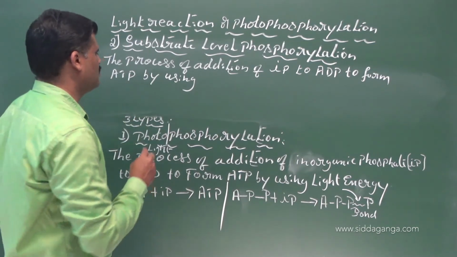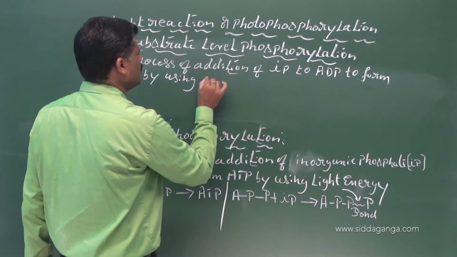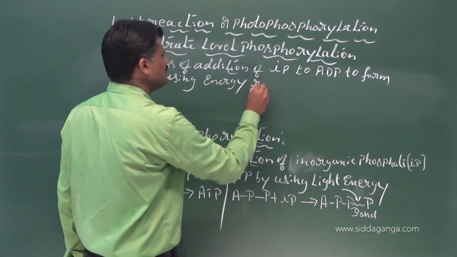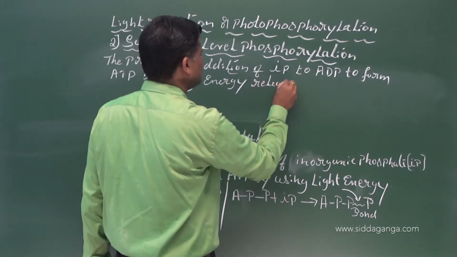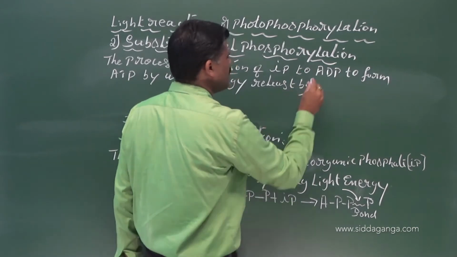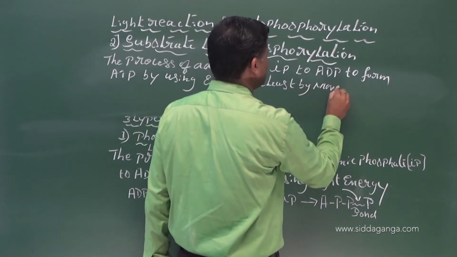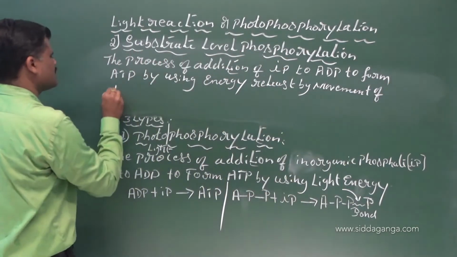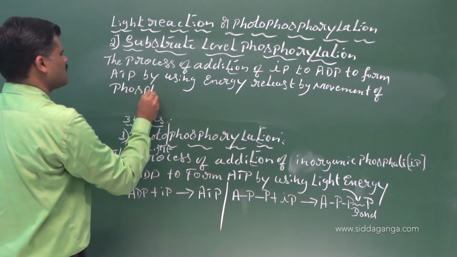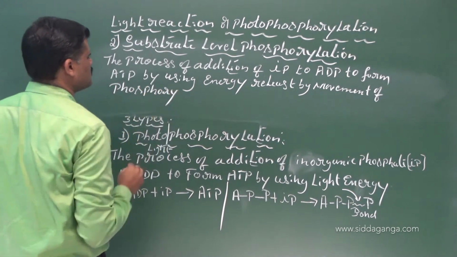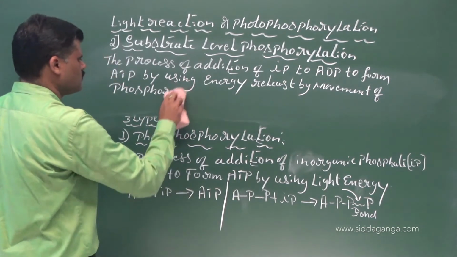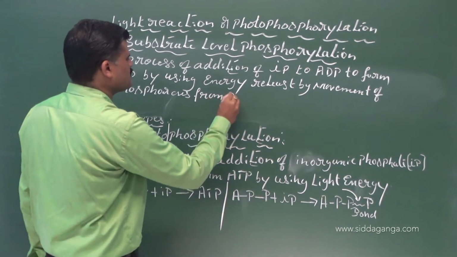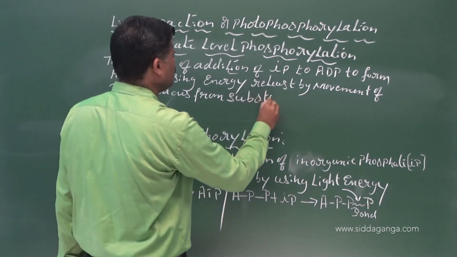In substrate level phosphorylation, ATP is formed using the energy released by movement of phosphorus from the substrate.